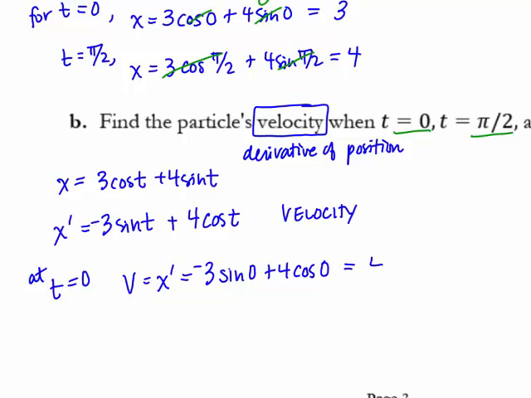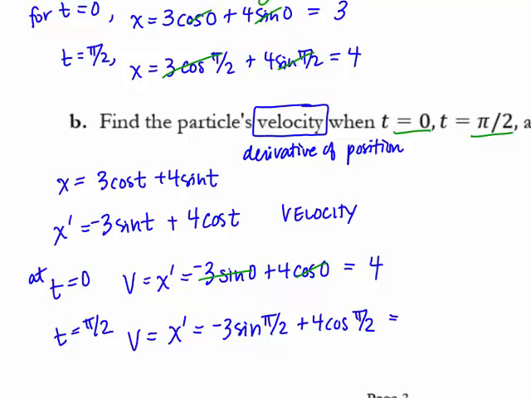And that value is 4, because cosine of 0 is 1 and this term is 0. Or we can find the velocity at t equals pi over 2. Then the velocity is the first derivative of position, negative 3 times the sine of pi over 2 plus 4 times the cosine of pi over 2, and negative 3.